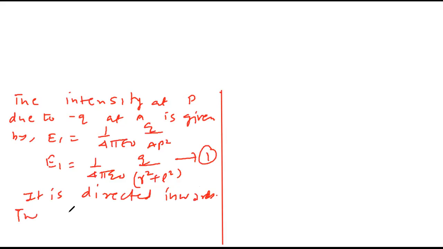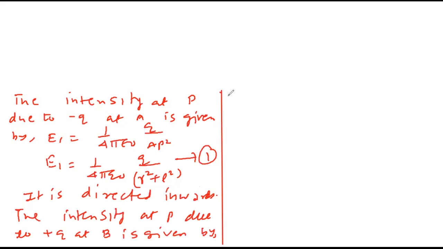The intensity at P due to plus Q at B is given by E2 equals 1 upon 4 pi epsilon naught, Q upon PB square.